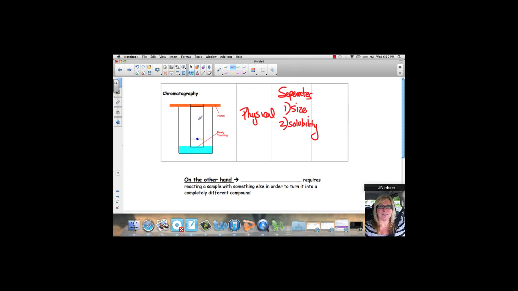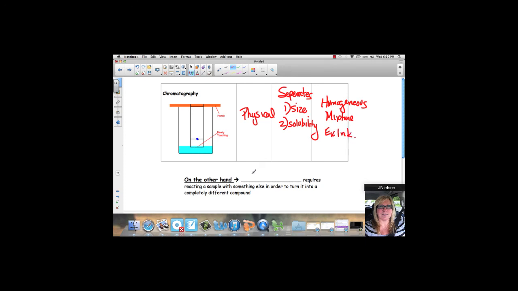So the lighter something is, the further up it will travel, and based on its solubility in the liquid. And this is also used for homogeneous mixtures. And an example of this would be ink in a pen.